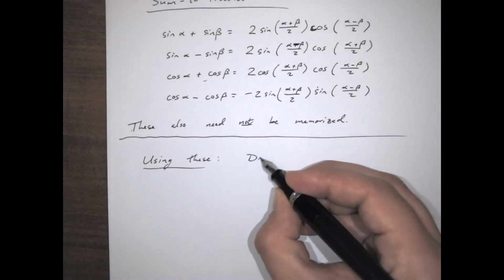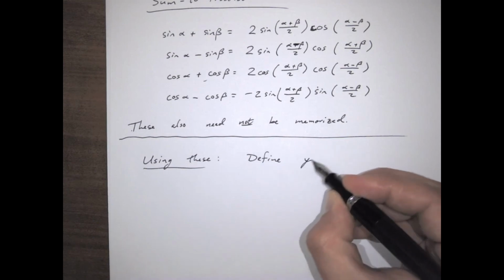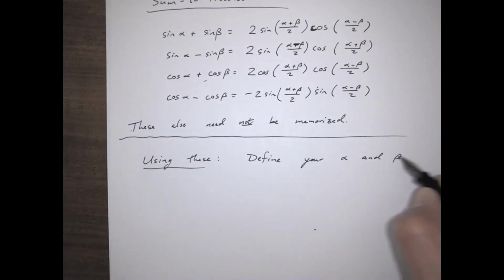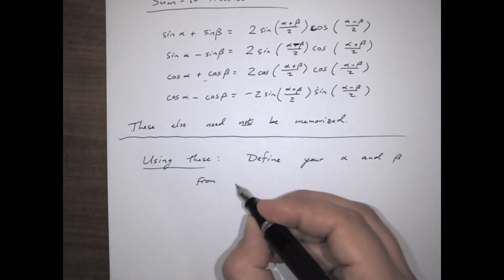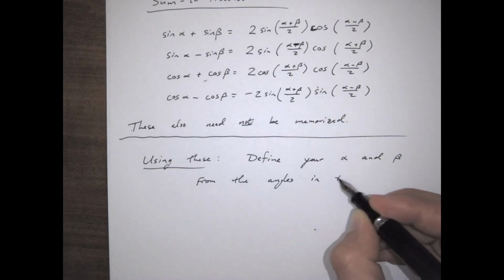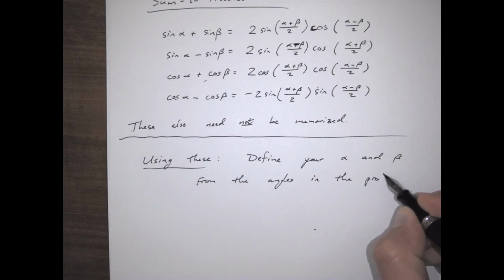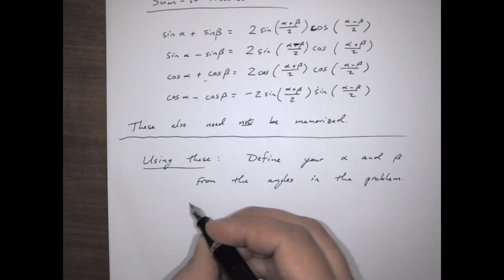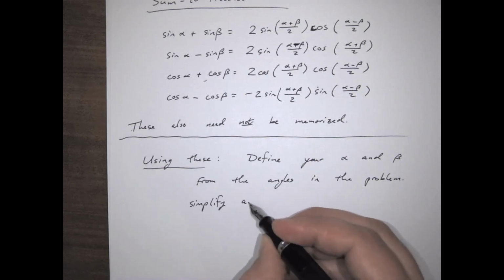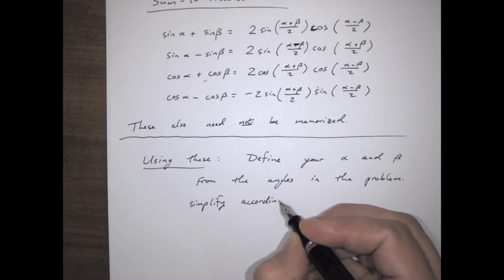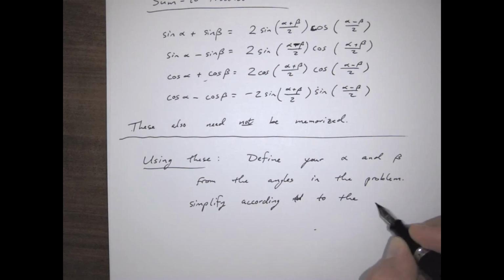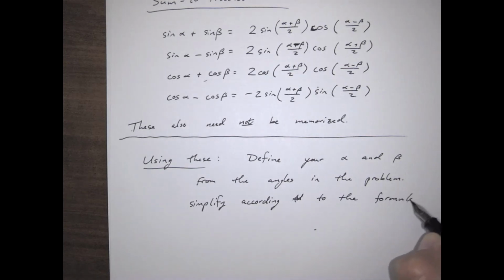Define your alpha and beta, the angles in the problem, and then simplify according to the formulas.